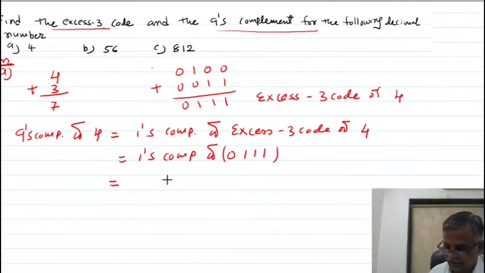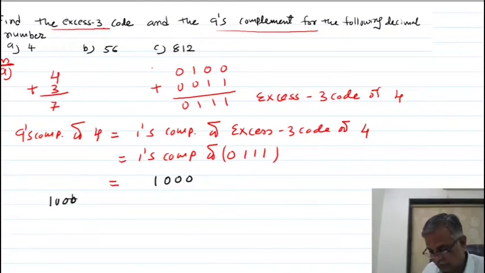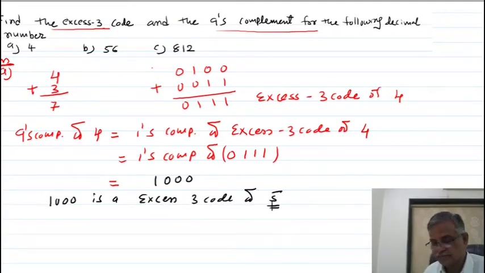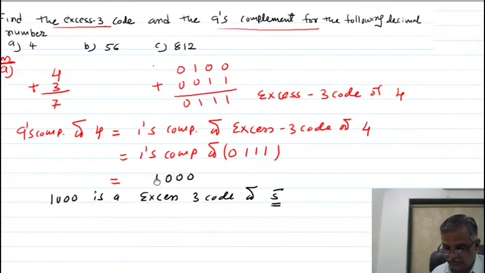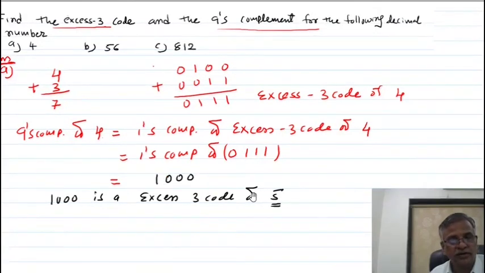So it is nothing but the 1000. So here 1000 is a XS3 code of 5. You know 9's complement of 4 is what? 5. 9's complement of the 4 is nothing but the 5. And this is nothing but XS3 code of a 5.